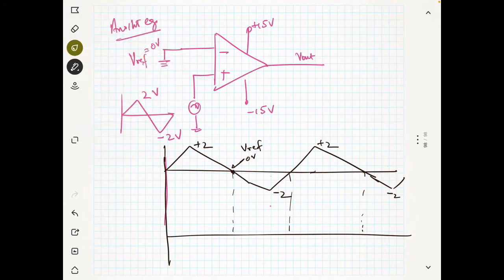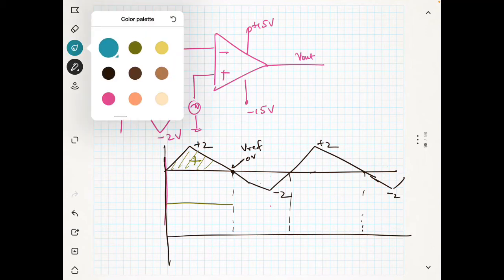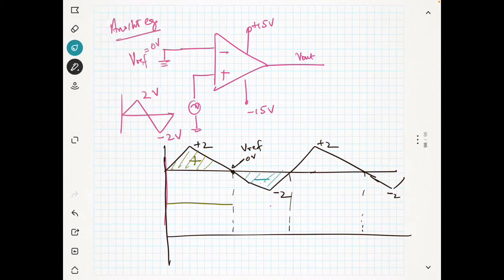My output will be plus 15 because these parts are positive. This part is negative, so the output will go negative.